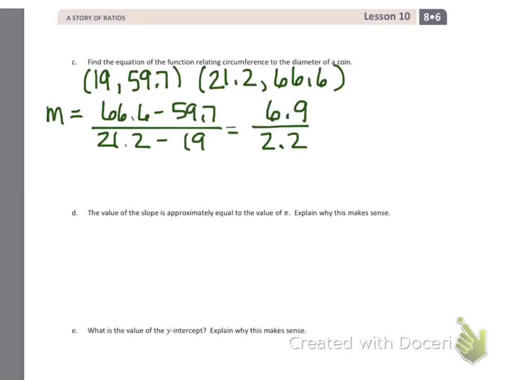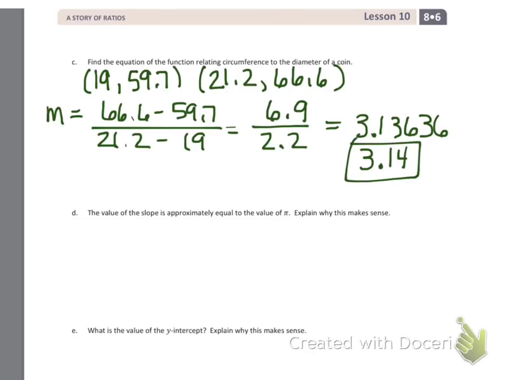All right, and if I divide this out, let me check it again, I get 3.136, repeating, 3, 6, and so on. So this is approximately, we'll round it off to 3.14. Does that look familiar to anybody?